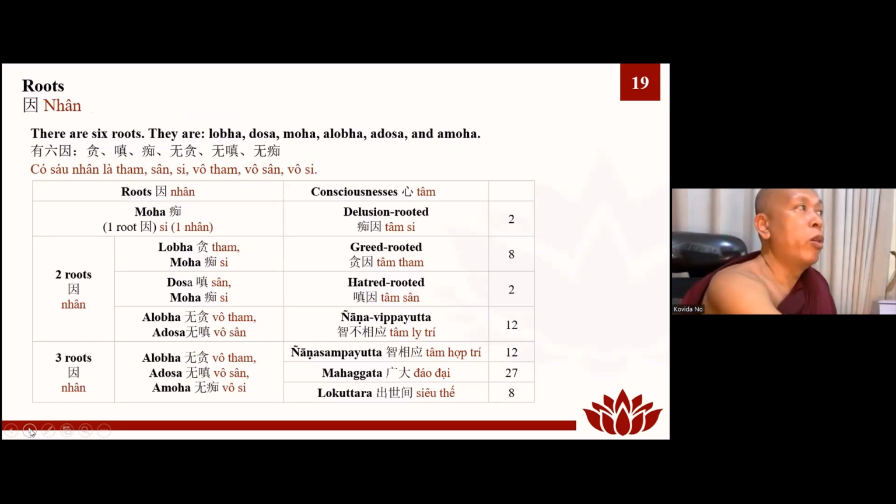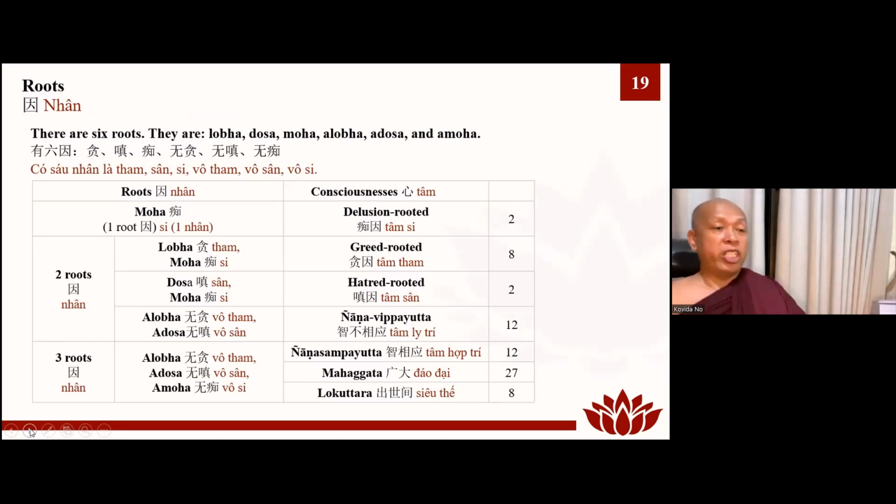So we may have different types of roots in different consciousnesses. Only one root: delusion-rooted consciousness, 2 delusion-rooted consciousness. Then we have 2 roots, lobha and moha, 8 greed-rooted consciousness. Also dosa and moha, hatred-rooted consciousness, only 2 hatred-rooted consciousness.